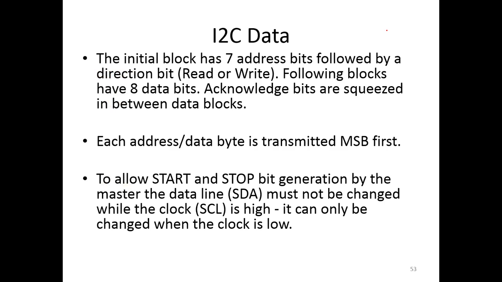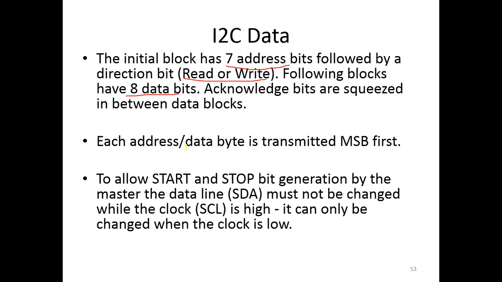Okay, I2C address. The initial clock has 7 address bits followed by the direction bit, which is the read-write bit. Following clocks will have the 8 bits of data, and then we have the acknowledgement bit. The acknowledgement bit can be from the master to the slave or from the slave to the master. It depends on the direction of the transfer.